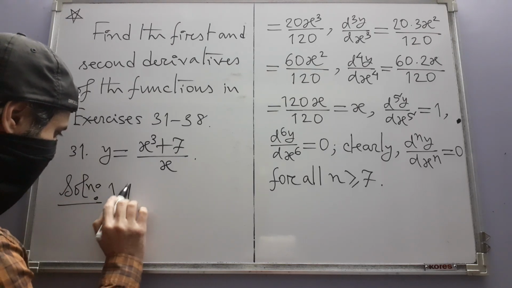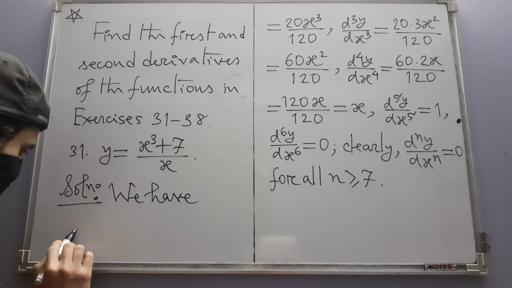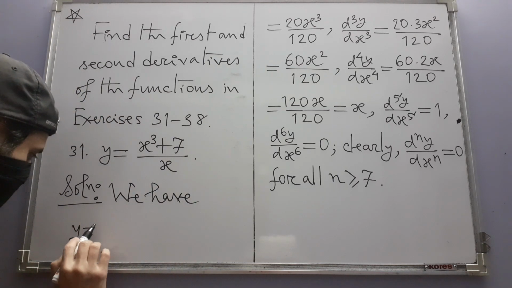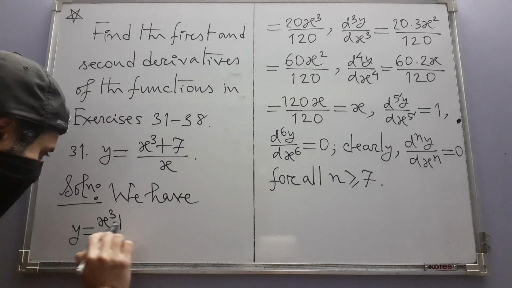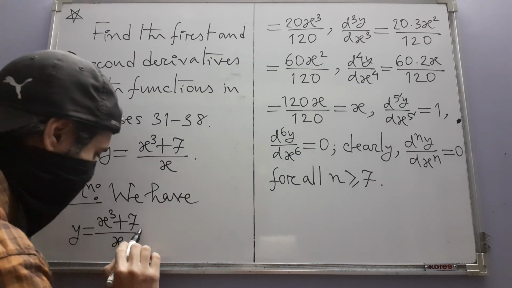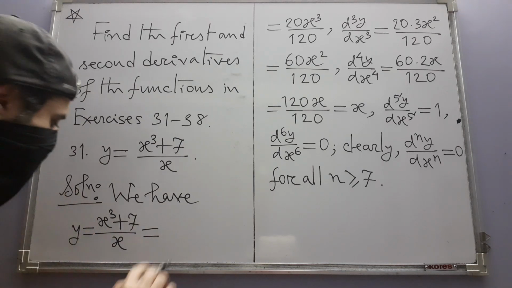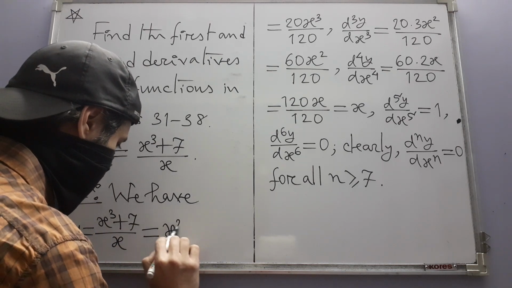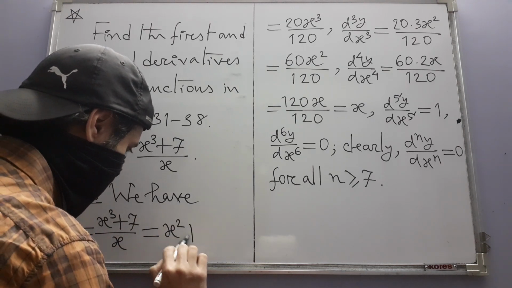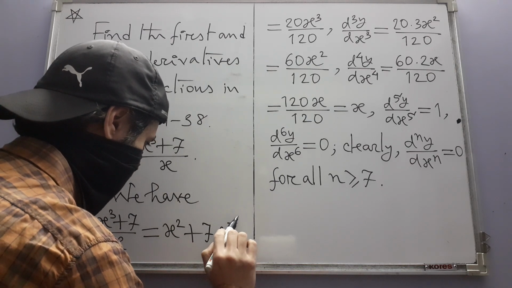So let's first simplify the function itself. We just want to avoid the quotient rule. So we just divide by x. Doing that, we will have x squared plus 7 times x to the power minus 1.